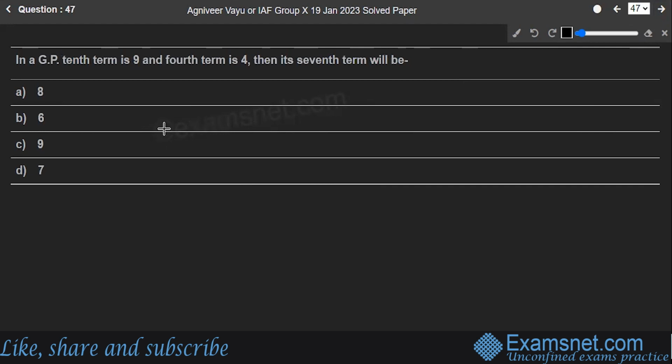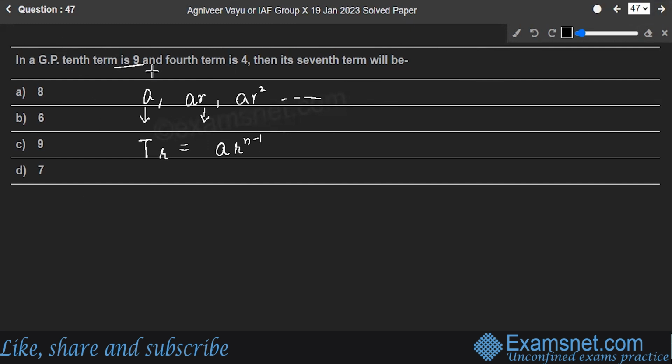If in a GP, the 10th term is 9 and the 4th term is 4, what will be the 7th term? See, in a GP, we have terms like A, AR, AR², and so on. A is your first term, R is your common ratio, right? And the general term is given by T_n = A·R^(n-1), right?